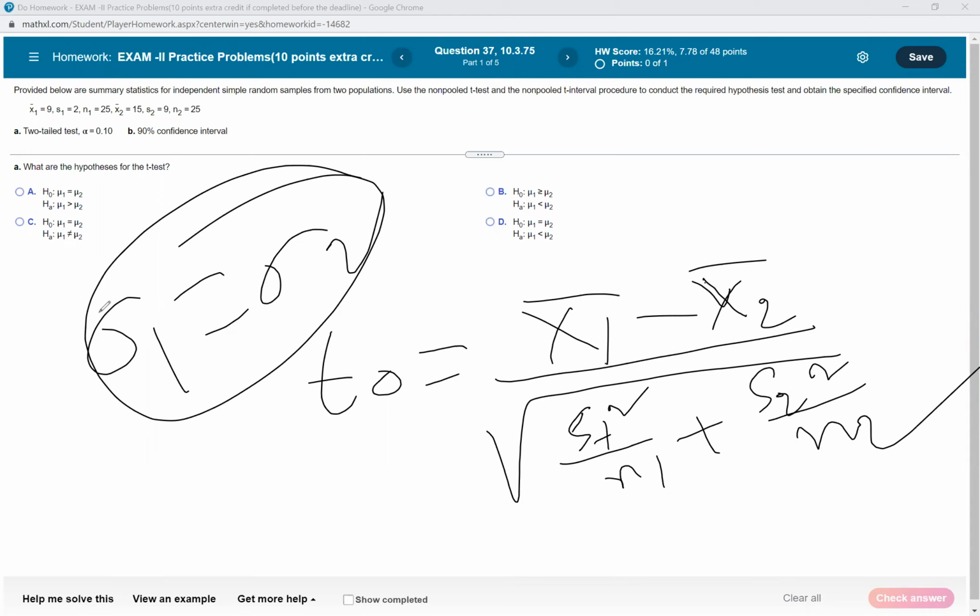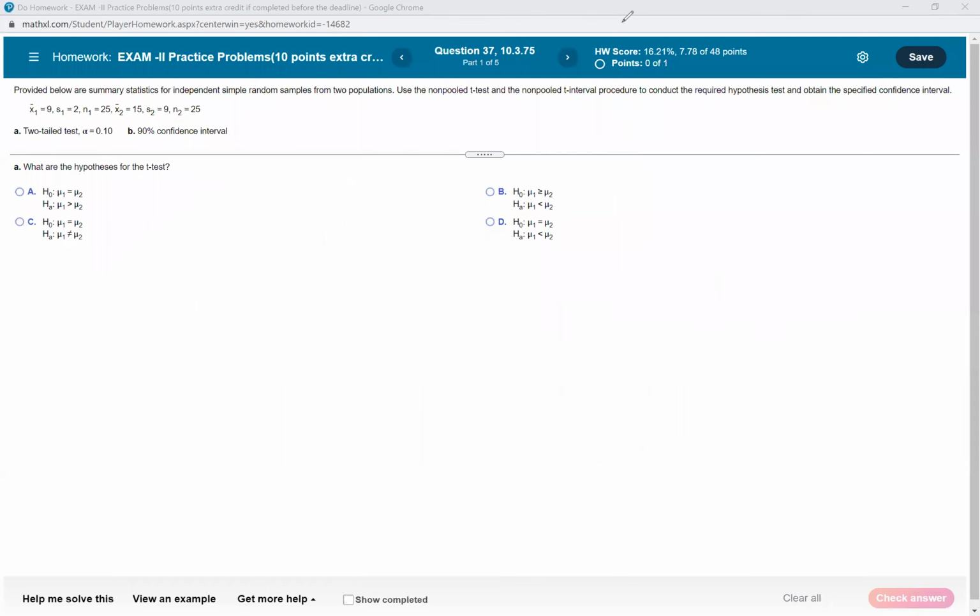So you have to use the non-pooled t-test, and this is the formula to calculate the test statistic. Here the difficult part is calculating the degrees of freedom, because this formula is a little complex. So you need to calculate the degrees of freedom using the formula for degrees of freedom. Okay, so let me clear the drawings.